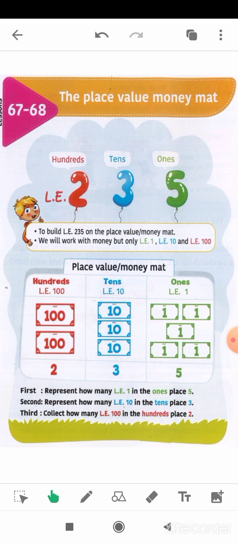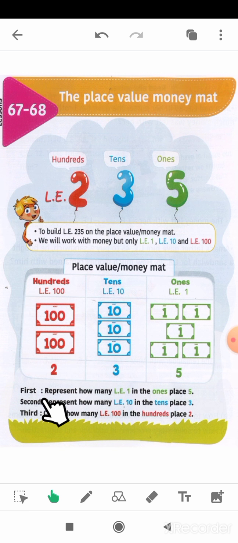So if I have a number like 235, we have 200s here. We have two papers of 100s, 1 and 2, and three papers of 10 pounds, 1 2 3, and 5 papers of 1 pound, 1 2 3 4 5.